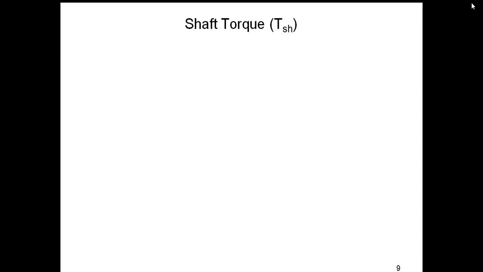Now let us see how much torque will be there at the shaft. Previous equation TA is nothing but the torque developed in the armature, and TSH is nothing but the torque available at the shaft.